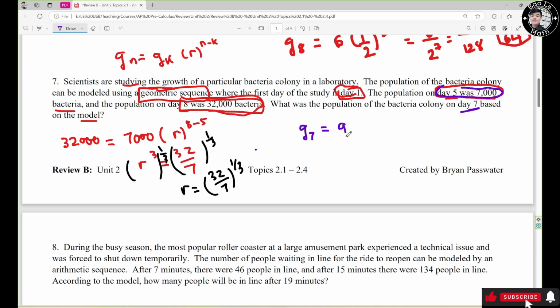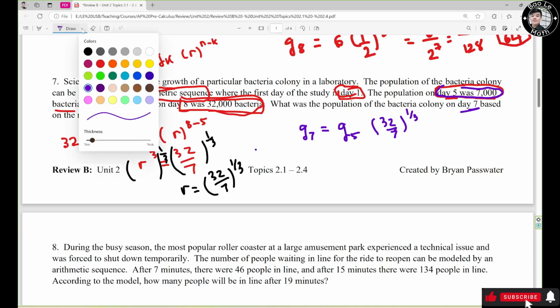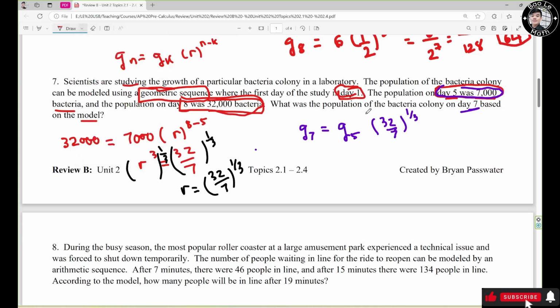So I have g sub 5 times the common ratio, which means 32 over 7 to the power of 1/3, raised to the n minus k, right? So n in this situation means 7, minus k, which means 5, right? Now g sub 5 equals 7,000, so I put 7,000 right here, right?